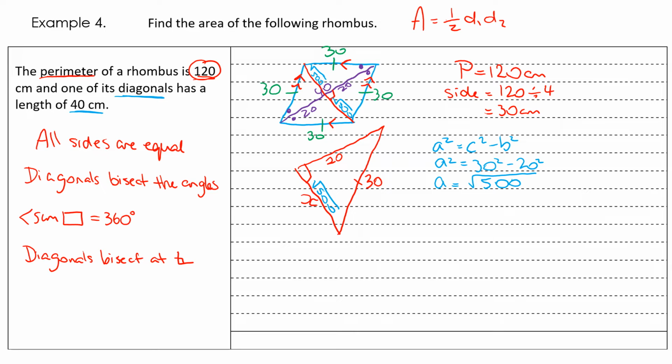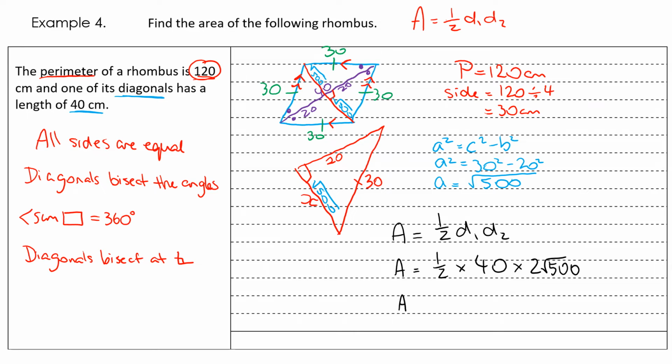I hope you're following along. We can now finally calculate the area of the rhombus using our two diagonals. So the area of the rhombus is going to be half times diagonal 1 times diagonal 2, which is a half times diagonal 1, which we know is 40, times diagonal 2, which is 2 lots of root 500.